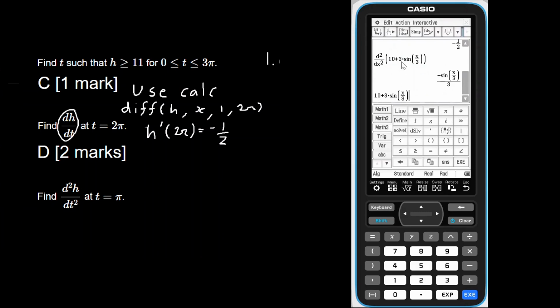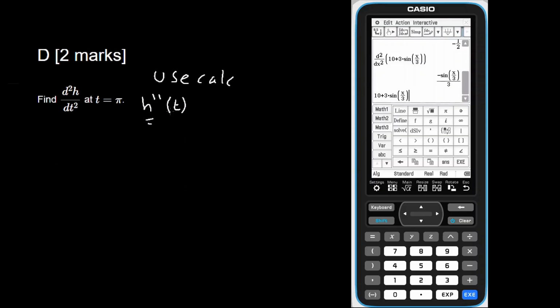So we can say use calc, and we can say h tick tick of t, that is all equal to, right? And we can grab that value there, that 1/3 on sine, and then t, don't forget to write t instead of x, and then we can say therefore h tick tick of pi is equal to, and then we can just substitute it in.